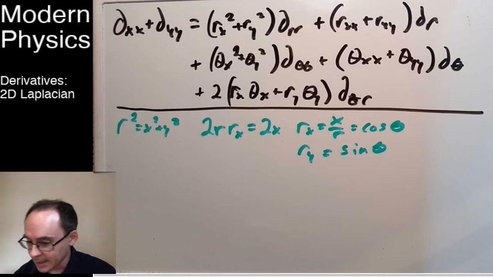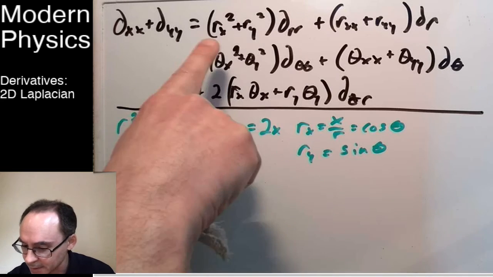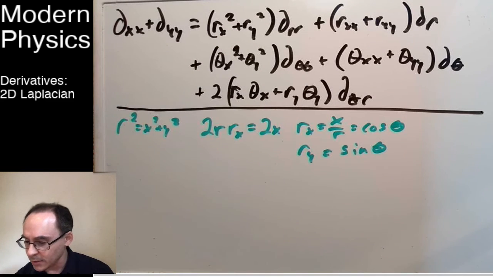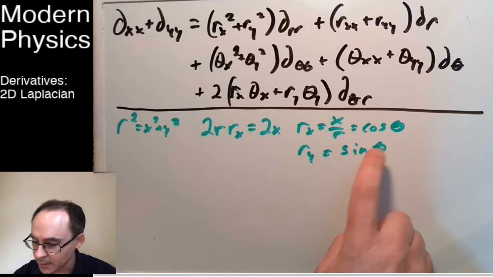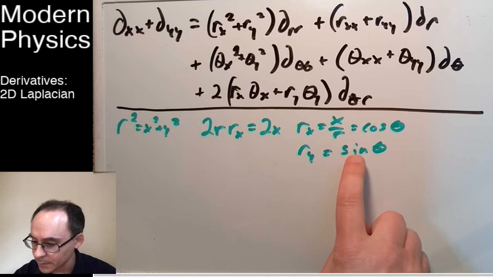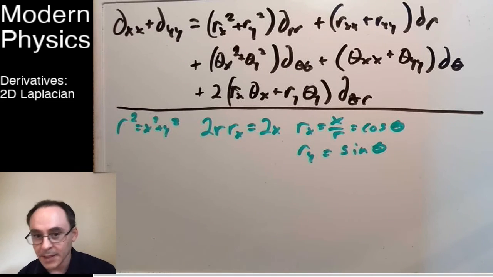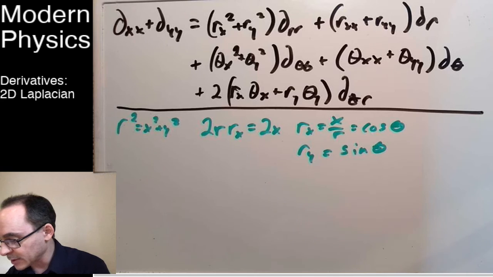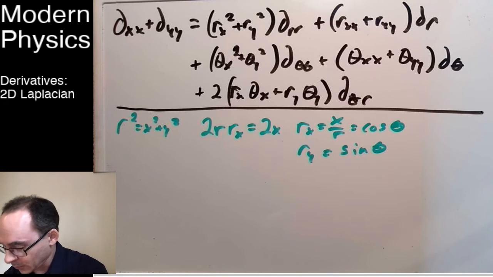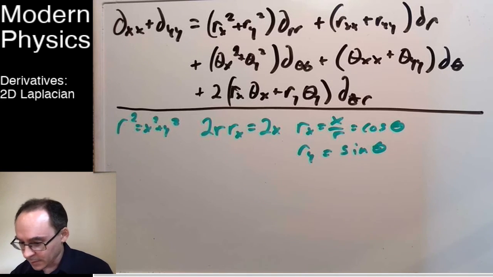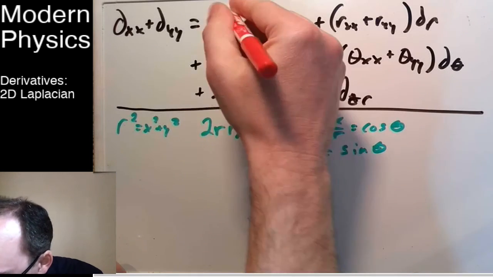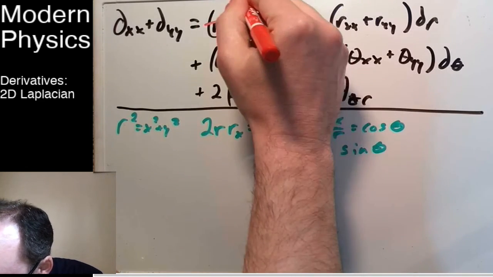Right away I can simplify something, because I've got this term here, rx squared plus ry squared. Well, that's going to be cosine squared theta plus sine squared theta. That's just equal to 1. Cosine squared plus sine squared is equal to 1. So I'm going to come right here and say this is just 1.